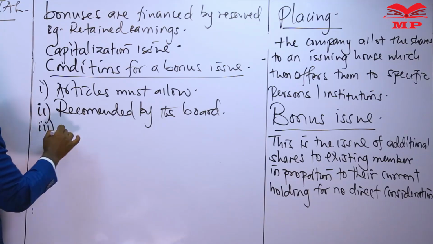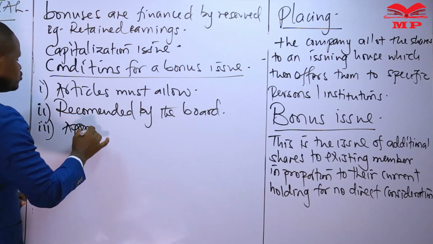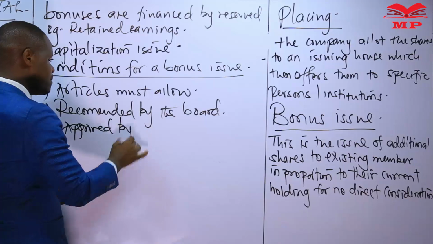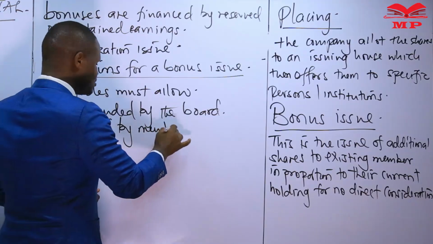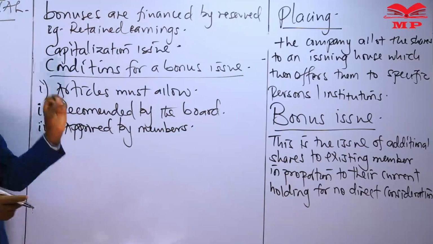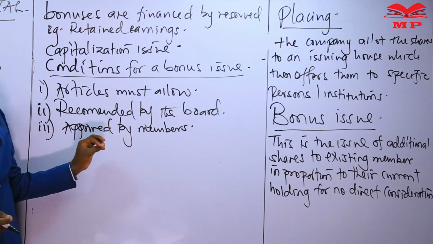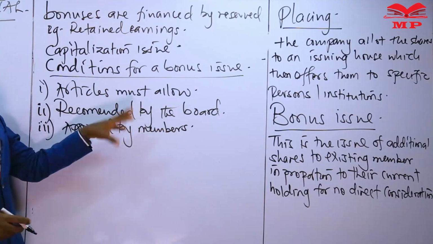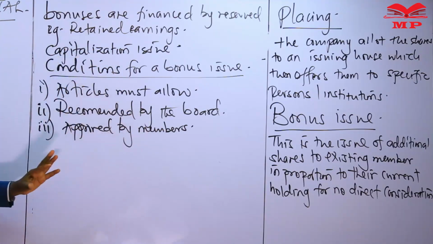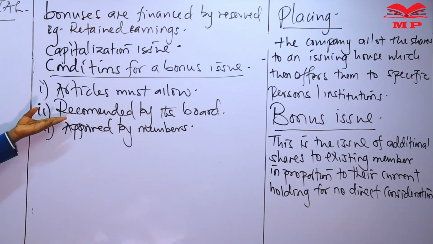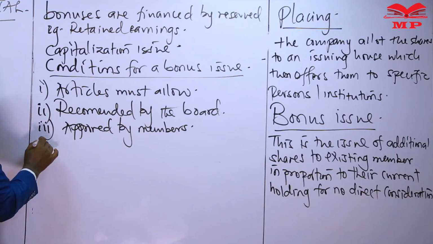Then with the recommendation, it must be approved by members, by a vote of the members. So we're imagining a meeting of members where they are presented with a motion to capitalize reserves such as the retained earnings on the recommendation of the board, so that they approve such a transaction.